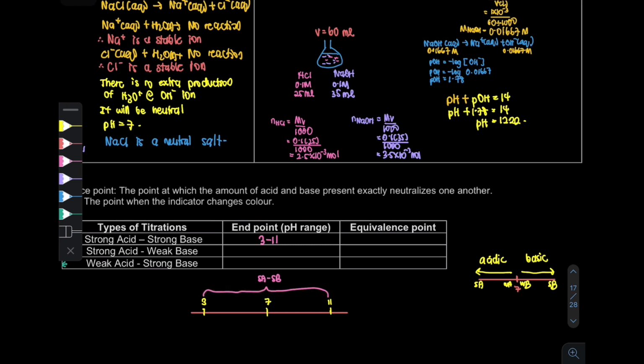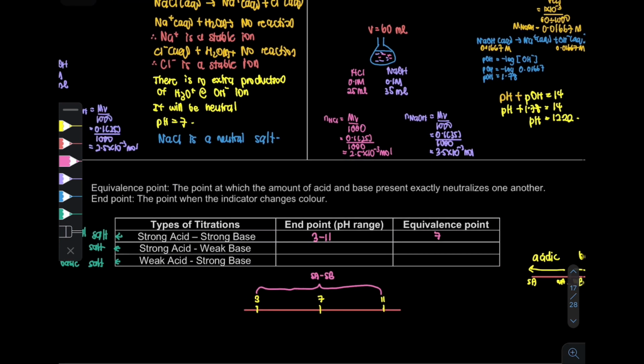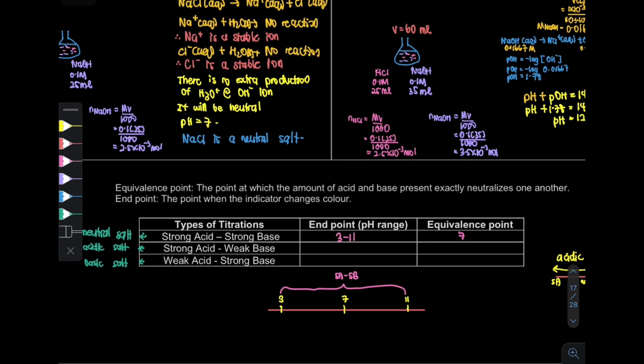Between 3 and 11, if you are diligent, 11 minus 3 is 8, 8 divided by 2 is 4. But we actually know that between these two, the value in the middle is 7. So that is my equivalent point. It is the same because it is a neutral salt. As it is a neutral salt, the equivalent point is 7.